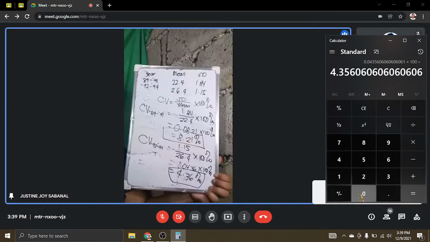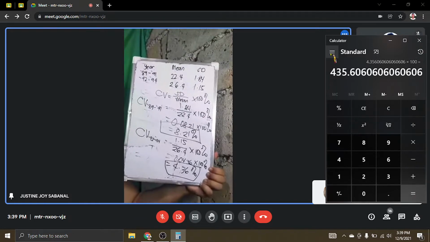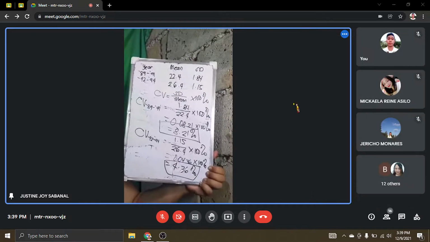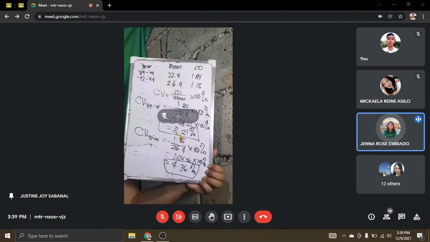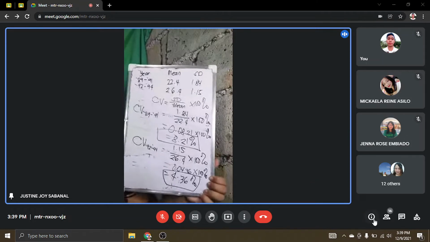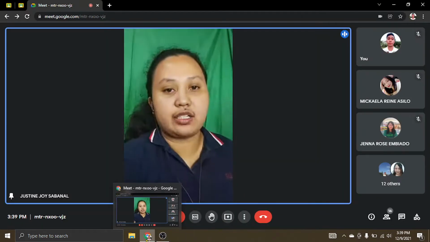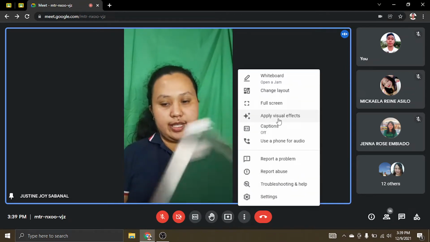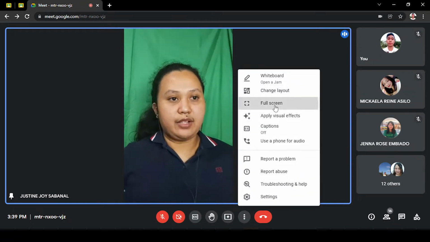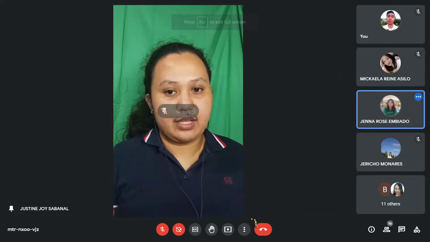So based dun sa atin pong mga value, alin yung masasabi natin na stable yung kanilang peso-dollar exchange? Aling period? 1989 to 1991. Okay. So paano ba uli pag sinabi nating stability in terms of the standard deviation and variances? So paano natin yung madedetermine? Yung mas mababa po pala, ma'am, yung mas stable. Okay.